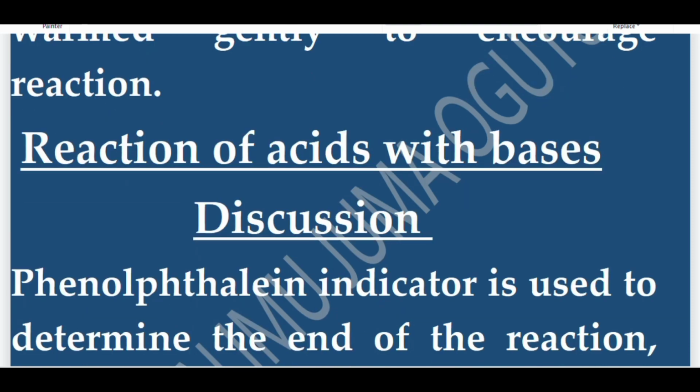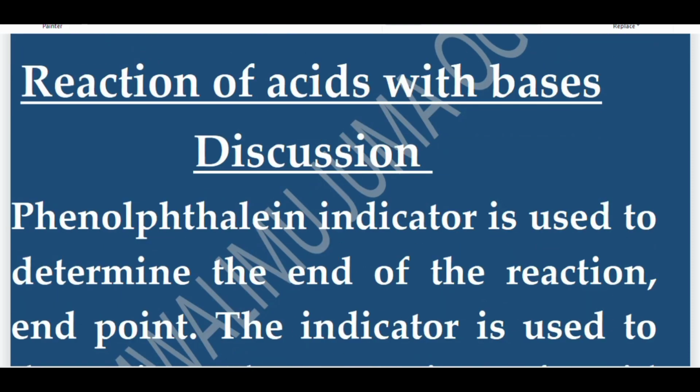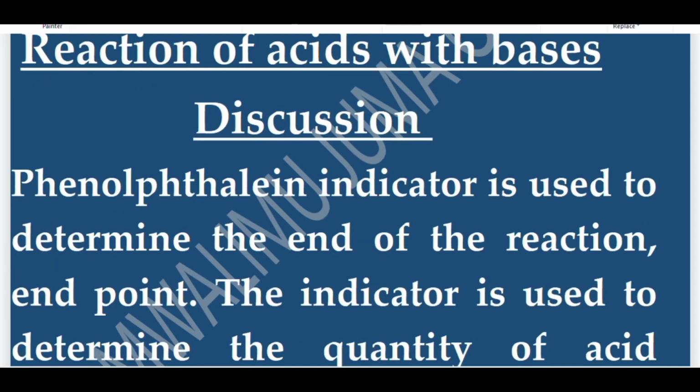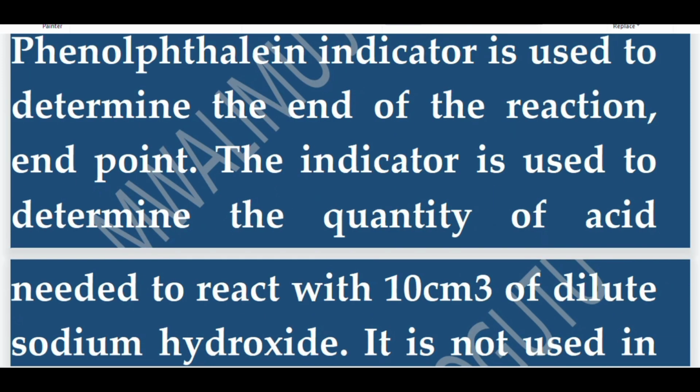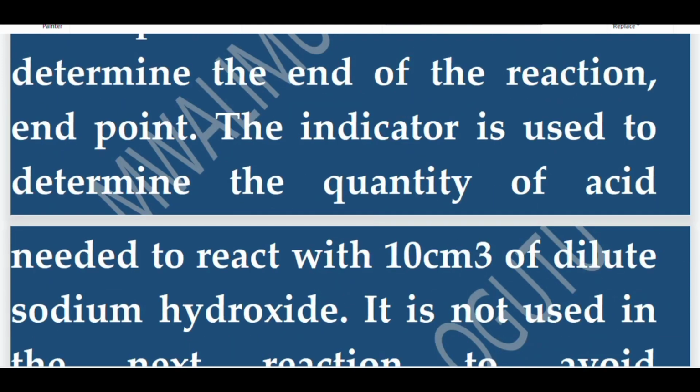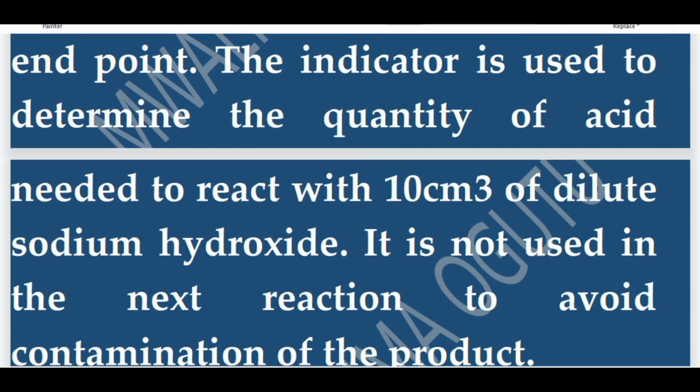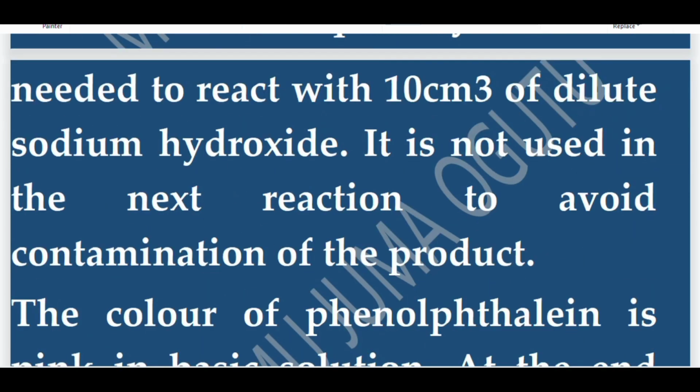Phenolphthalein indicator is used to determine the endpoint of the reaction, and also the quantity of acid needed to react with 10 cubic centimeters of dilute sodium hydroxide. It is not used in the next reaction to avoid contamination of the product.